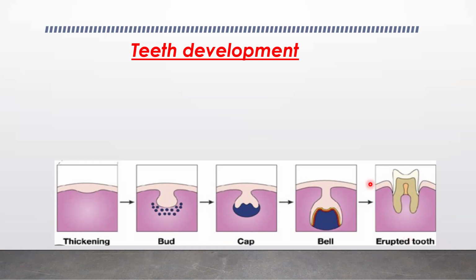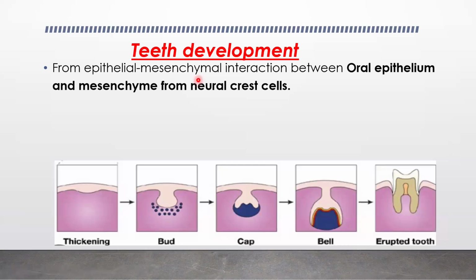You'll have an interaction, usually called epithelial mesenchymal interaction, between oral epithelium and the mesenchyme from neural crest cells. So the teeth, at this point, all of it comes from the mesenchyme, given the fact that the oral epithelium will come from ectoderm, and also the mesenchyme surrounding the oral epithelium will come from neural crest cells. But the two definitive tissues of origin are oral epithelium and mesenchymal cells.